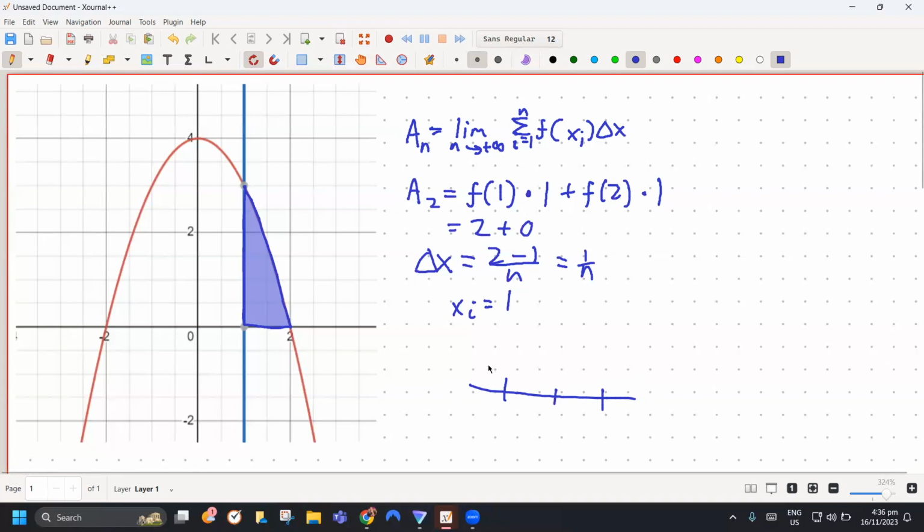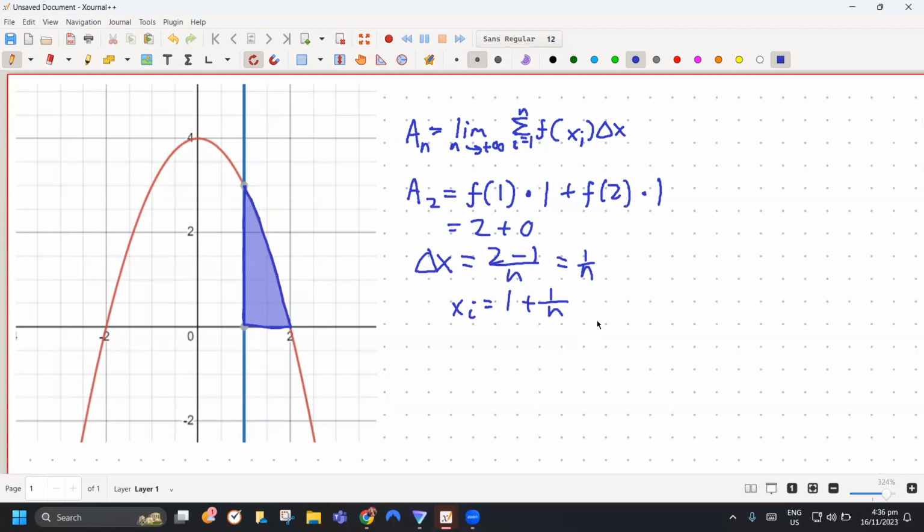So 1/4, tapos yung 2/4. Okay, kung n divisions, 1/n, that's x1. Remember, yung index natin ay para sa sum, kaya dapat may I pa yan.